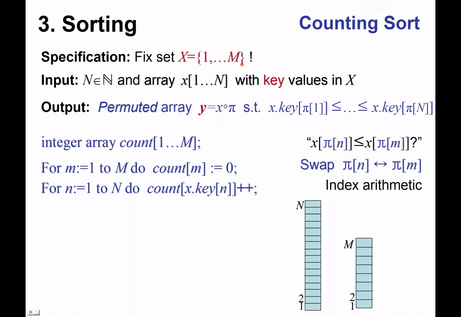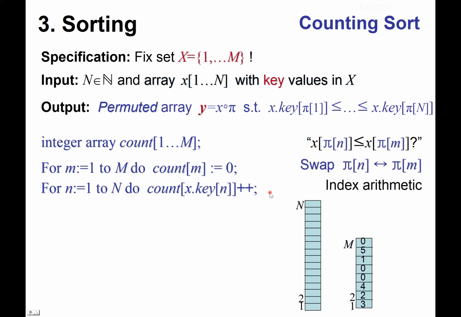In this case, the algorithm will first initialize this helper array and then count in each entry how often that element occurs, how often entry 1 occurs, how often entry 2 occurs, and how often entry m occurs. Because, recall our hypothesis, we're only dealing with integers in the range from 1 to m. So all integers will be in some of these ranges. And this loop counts how often each integer occurs.